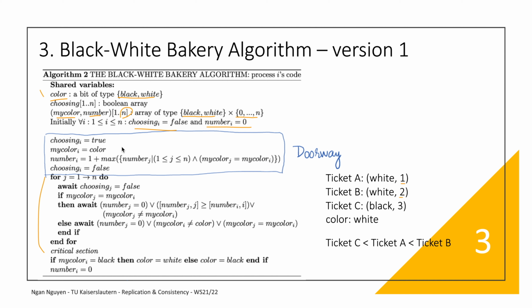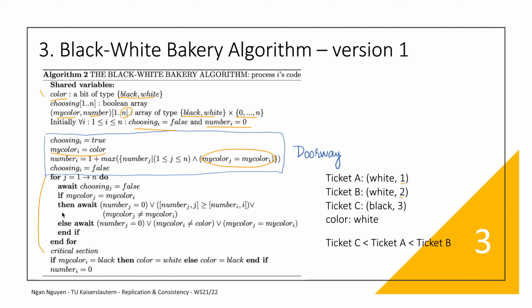First, it sets its choosing value to true and changes its ticket color to be the same as the current color bit. Then it calculates the maximum number of the tickets which have the same ticket color and then sets its number to 1 plus the maximum number. And then it resets its choosing value to false and enters the waiting part.